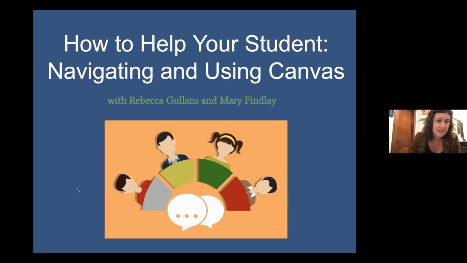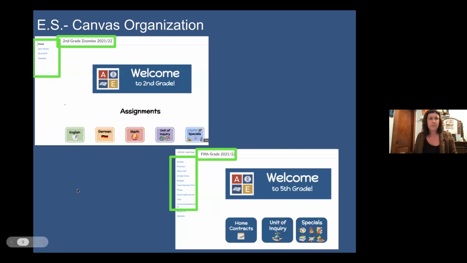All right. So this is an example, or two examples, of a home page for Canvas. This is this year's second grade independent studies Canvas course here, and you can see it's organized very differently from the fifth grade one. So you may or may not have access to the same links and buttons.